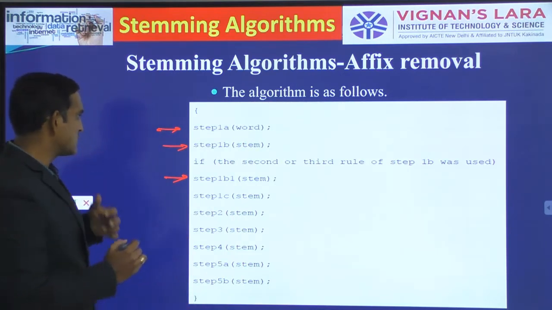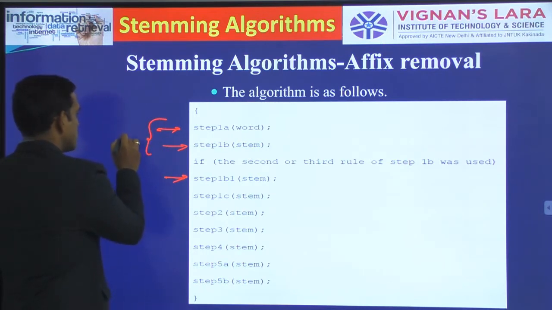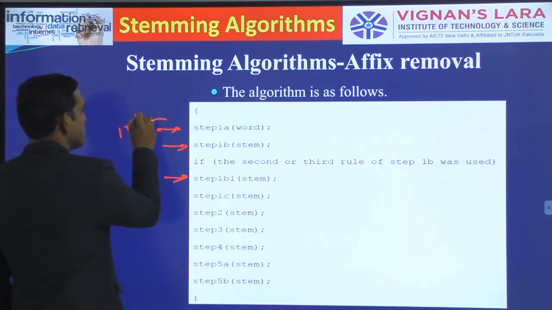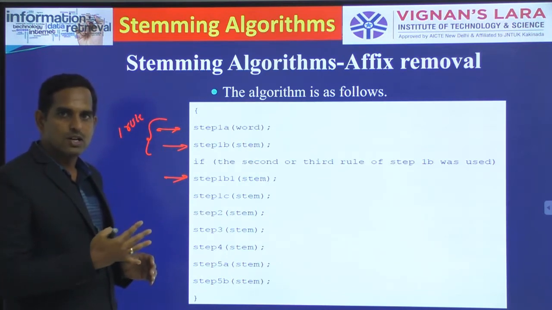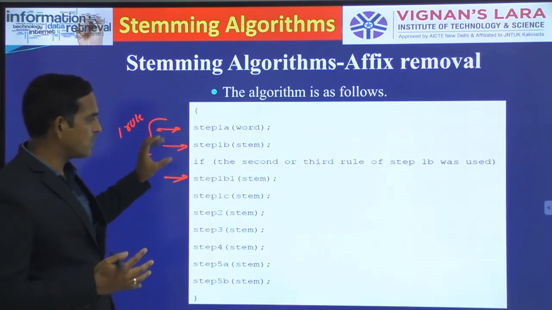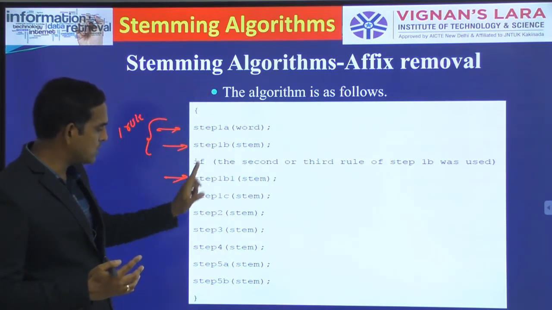What this means is that at a step only one rule will be implemented. Each step has a large number of rules, and your word has to go through these steps.